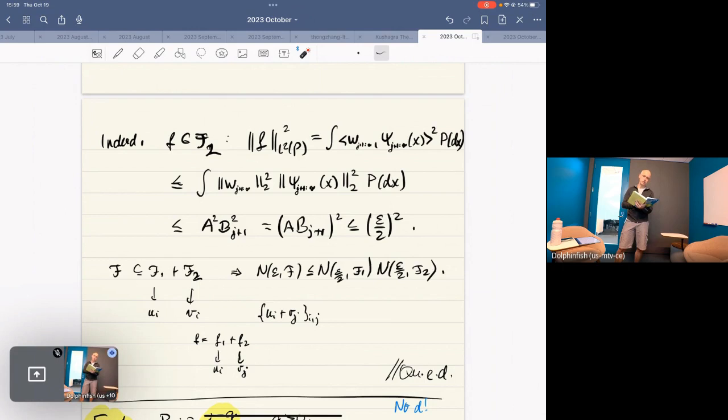But we didn't prove anything with it. We were just saying that results like this are possible.